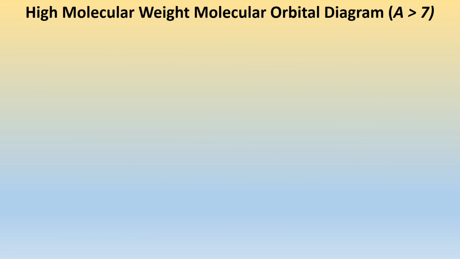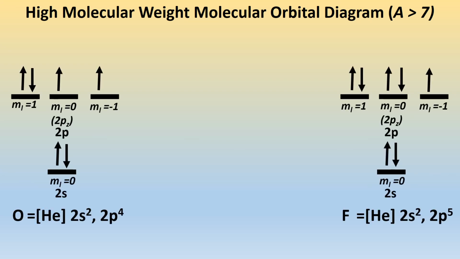We will now move on to build a molecular orbital diagram for a linear molecule that's made from elements with a higher molecular weight and greater electronegativity. You've already seen the electron configurations of oxygen and fluorine.